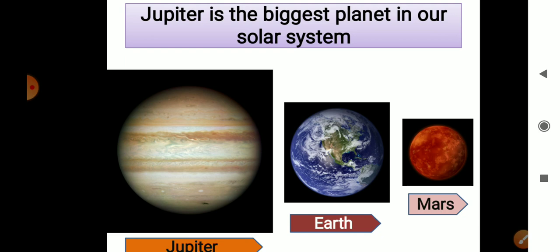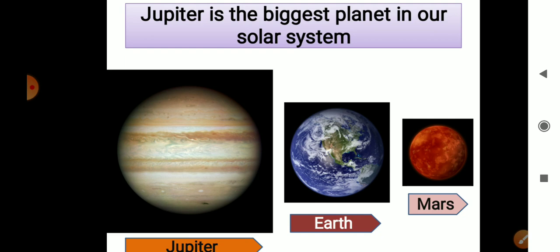Yes, we can compare Jupiter and Earth also, or Jupiter and Mars. In the comparative degree, what can we say? Jupiter is bigger than the Earth. There, than and bigger denote that this sentence is in the comparative degree.